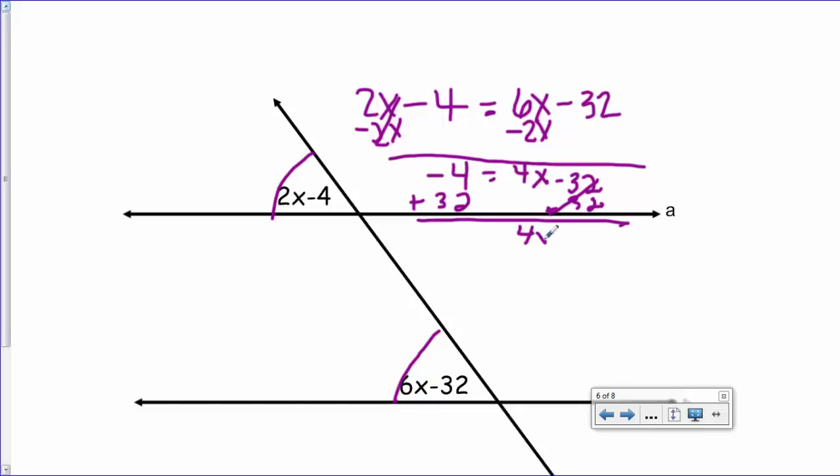Four x equals 28. Divide by 4. X equals 7. If we wanted to go back and find our number, we would put in 7 in place of x.